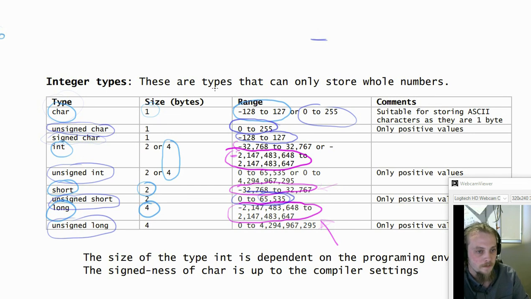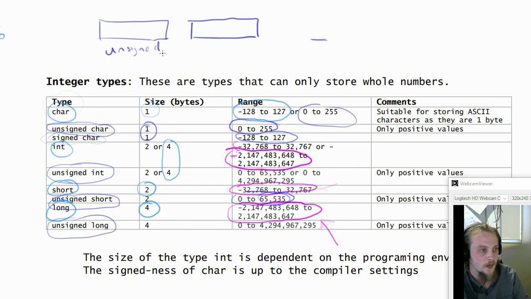So if we go back to what we looked at last week, we notice that the number of bytes is the same. Let's have a look at the difference between unsigned char, which is 1 byte, and signed char, which is also 1 byte. With the unsigned, we have the whole 8 bits to represent the number.